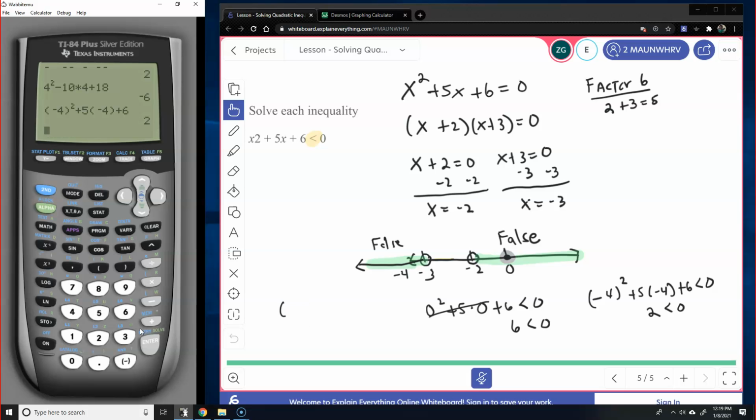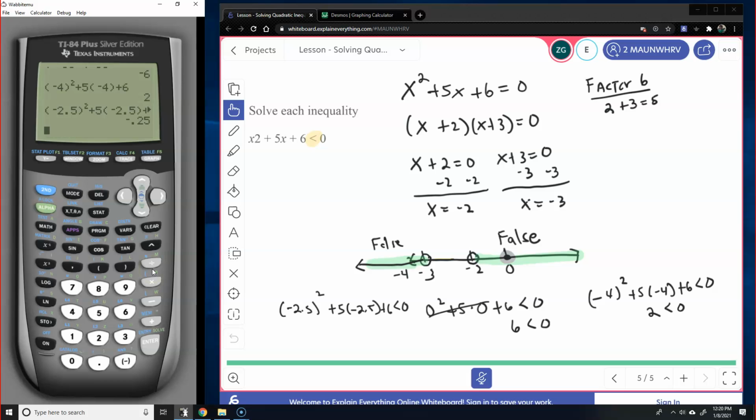We have (-2.5) squared plus 5 times -2.5 plus 6, and we're going to check if that's less than 0. Make sure that you have parentheses.